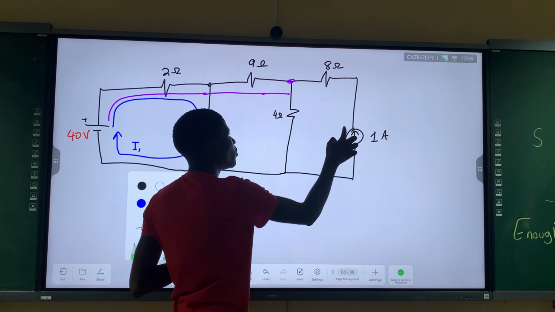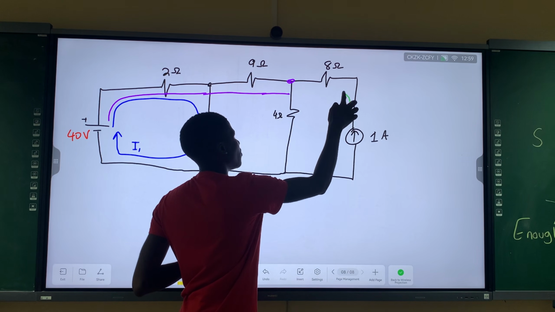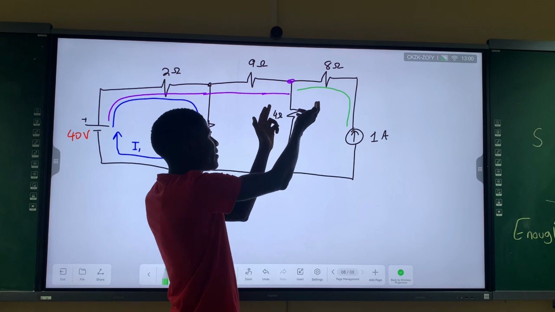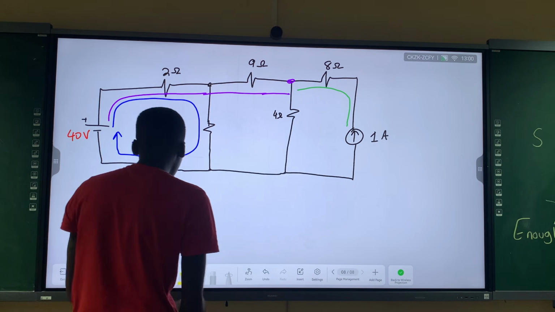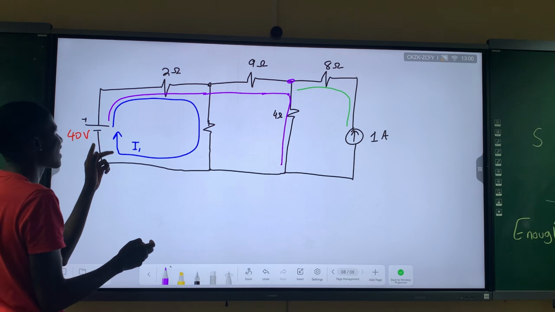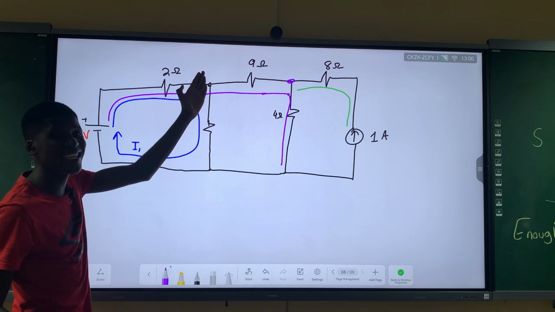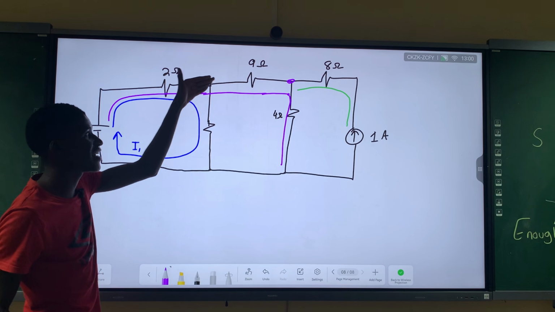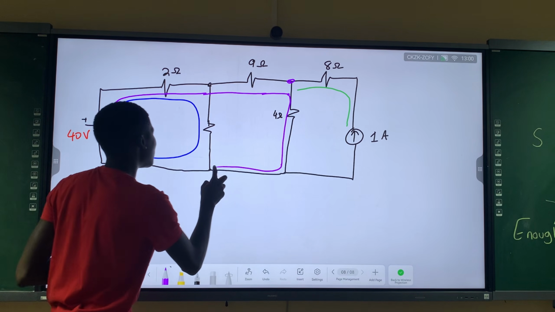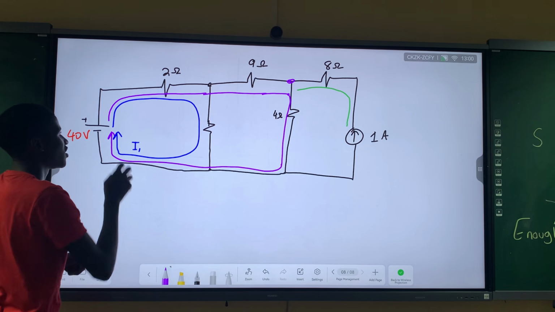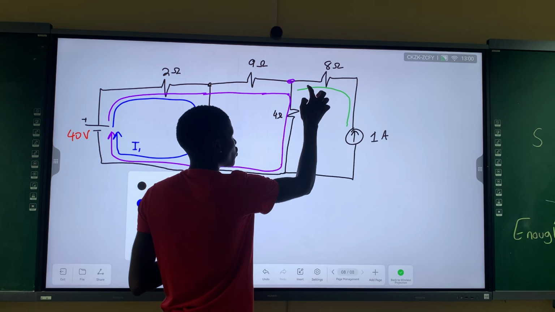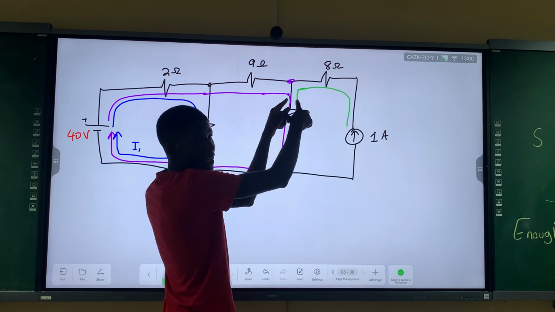So we can make a loop for the 1 ampere current source now. When they arrive here you see that these two currents collide, and then they enter the 4 ohms resistor. So that's why, when I'm completing my loop, I'll say this purple current coming from the voltage source is split at some point here. Some of it goes this way, some of it goes that way. Right? So here it is. It comes and comes back to the current source. Similarly, this one coming from the current source, what does it do? It meets the purple one.